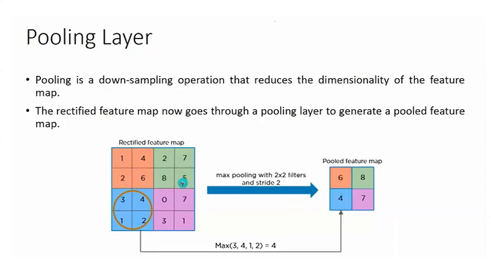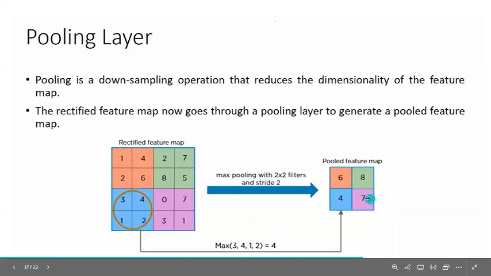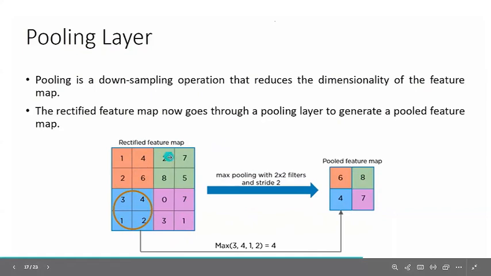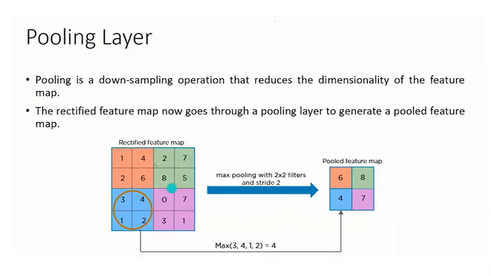If we consider these 4 cells, the maximum is 8. Here, the maximum is 4. Here, the maximum is 7. Now this is further simplified. Through this pooling layer, we simplified it further. Earlier, it was 16 cells, a square picture. Now, it is a 4-cell square picture.